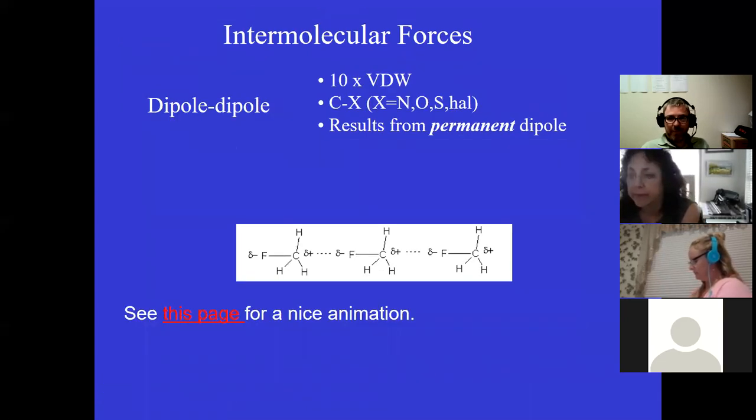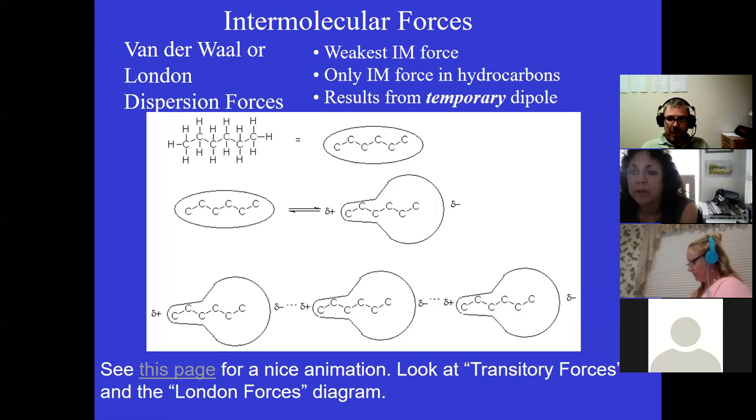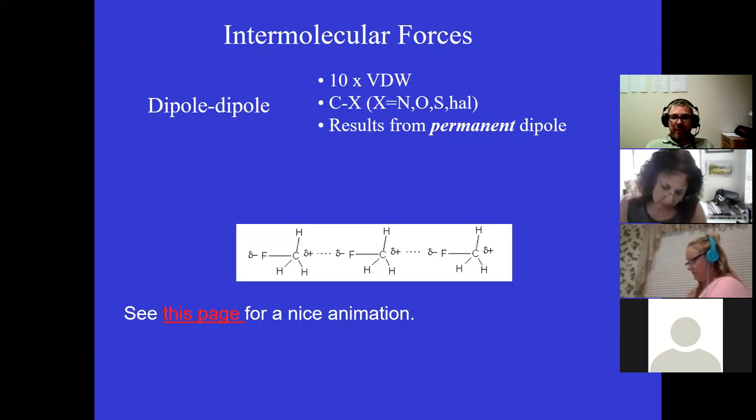Yes. Okay. So the next one is called Dipole Dipole. Now remember, the last one was all C's and H's. This one is CX, where X is any nonmetal: nitrogen, oxygen, sulfur, halogen.